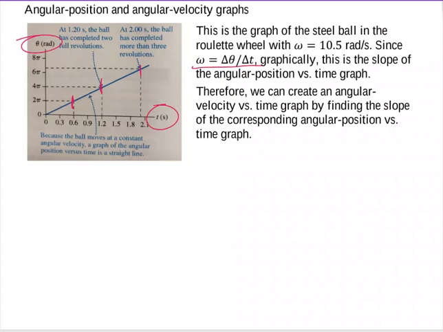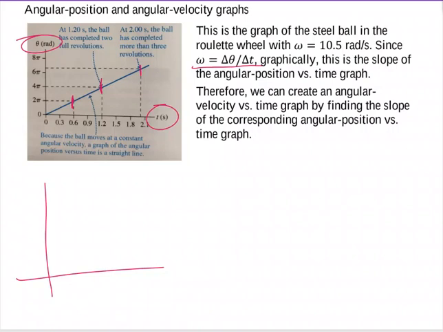We can create an angular velocity versus time graph by finding the slope of the corresponding angular position versus time graph. Since we already noticed that this is linear, we know that the angular velocity is constant. So you're tracing out a horizontal line.